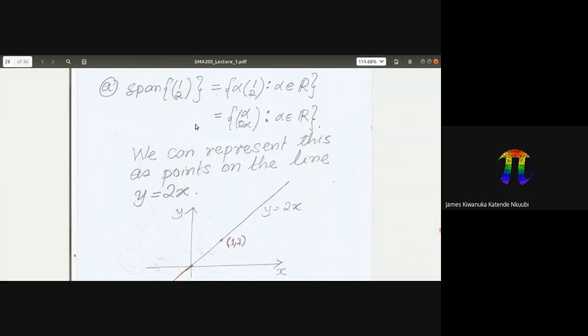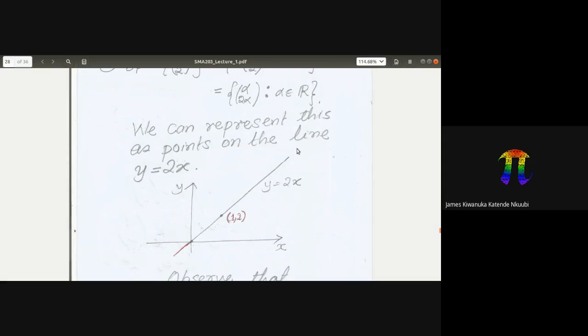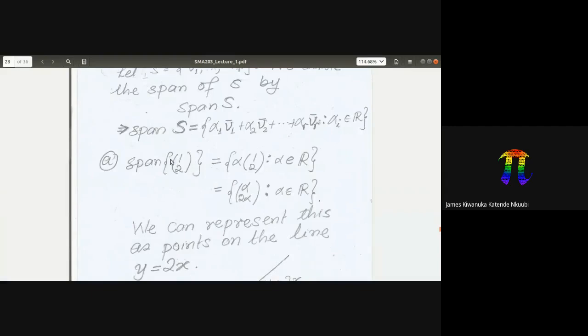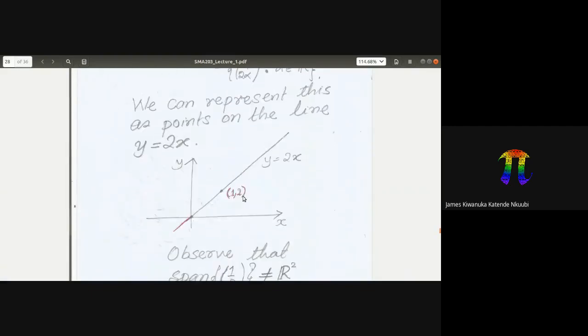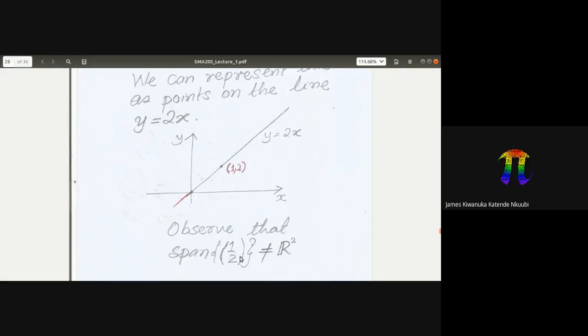So the span of this vector is actually this line. All the vectors on this line make up the span of this set. So we observe that the span of the vector (1, 2) cannot be the whole of R2. It's just made up of the points on this line. Anything outside this line will not be in the span of this vector (1, 2).